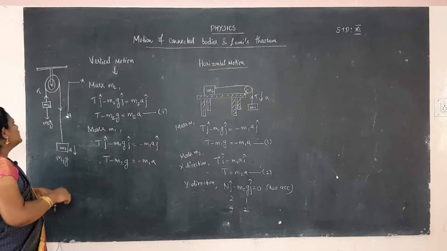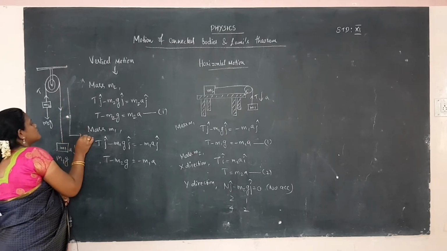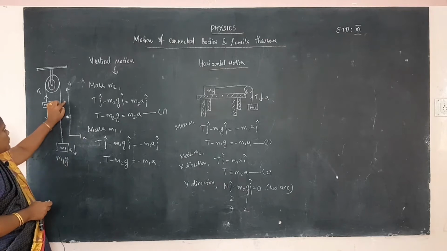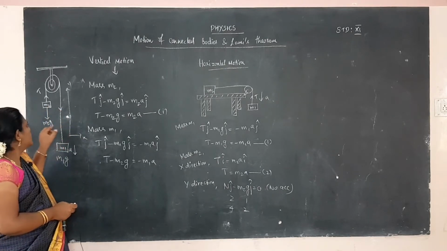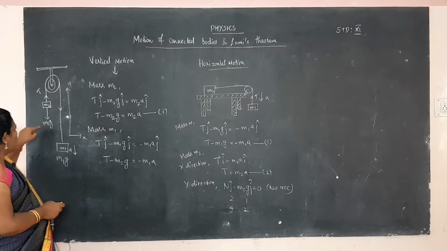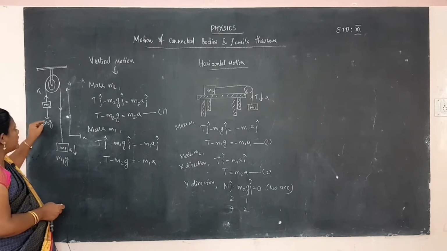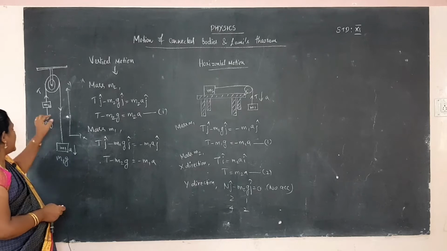The axes are denoted this way: this is x and this is y, the positive y axis. The unit vector for the y direction is j. So the positive y direction means T j cap, minus the weight m2g, which acts in the opposite, negative y direction. Two forces act on m2.